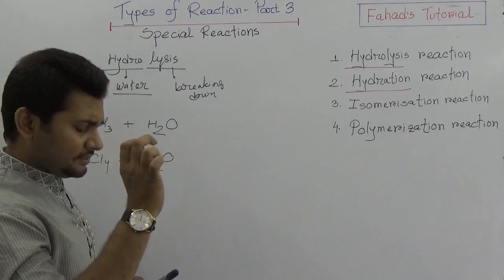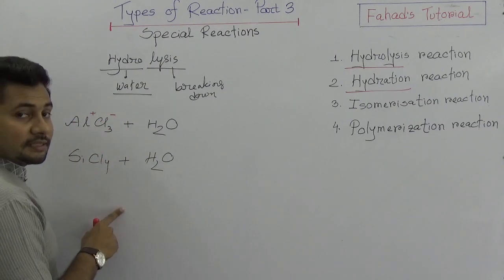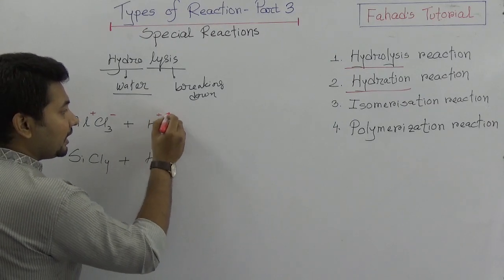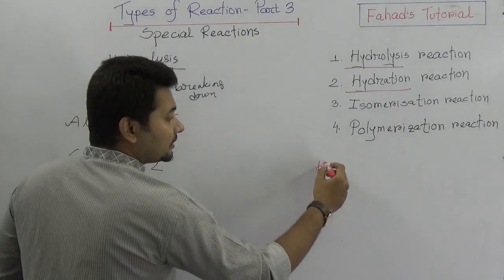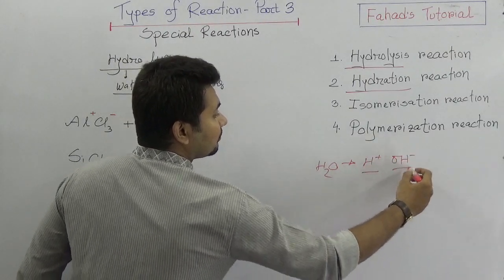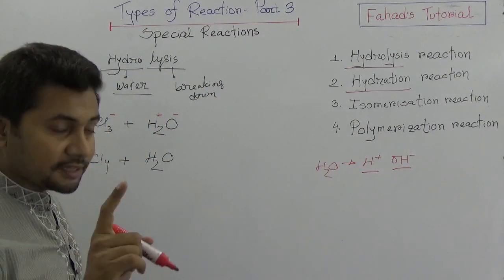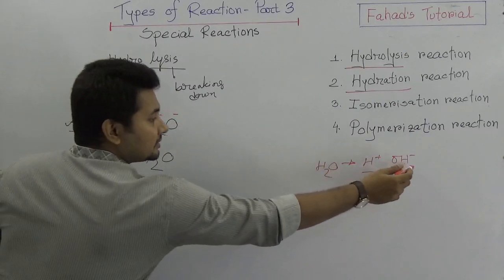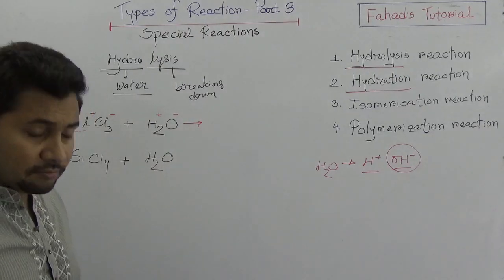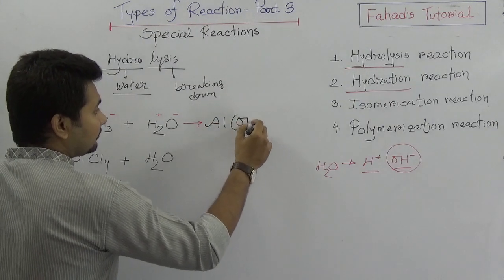Think about the polarity: the aluminium is plus and chloride is minus. When it reacts with water, water breaks down into H plus and OH minus. As the valency of aluminium is 3, aluminium will react with hydroxide and produce aluminium hydroxide.